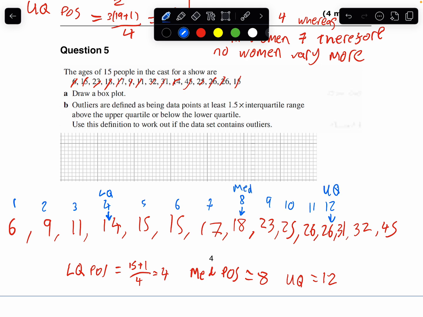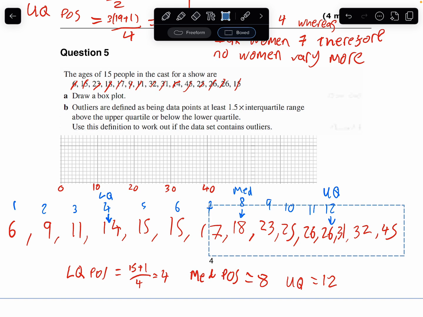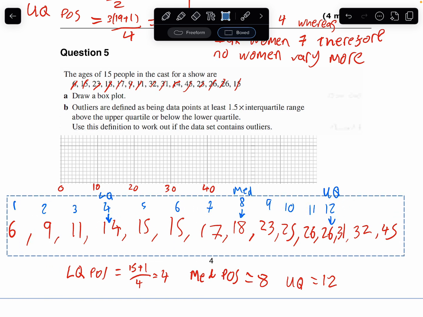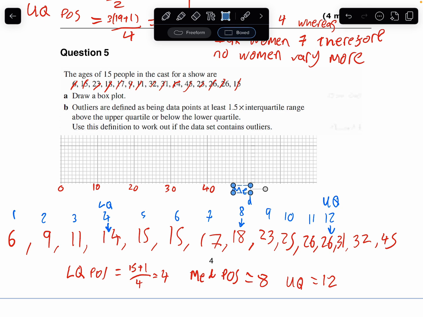Okay. So we want our numbers to go between 6 and 45. So let's just start at 0 and let's say every division is worth 10. 0, 10, 20, 30, 40. Let's move all of this down. Obviously I have the luxury of being able to move stuff a bit. 40, 50.